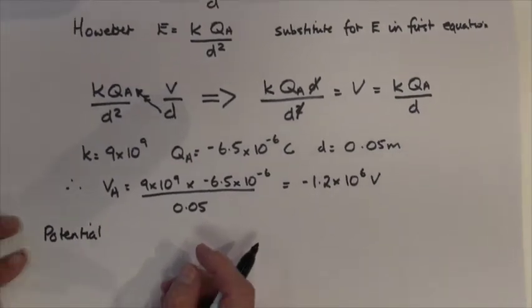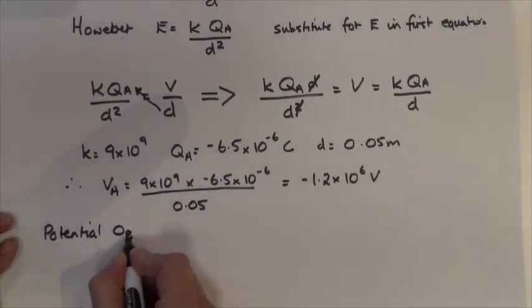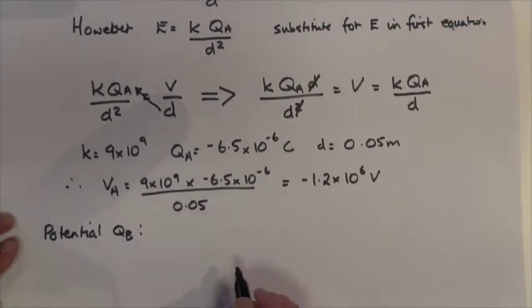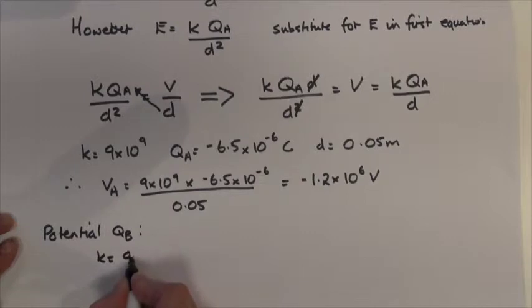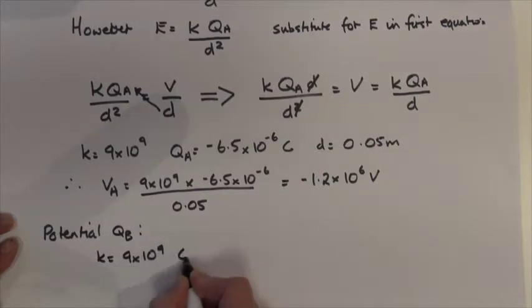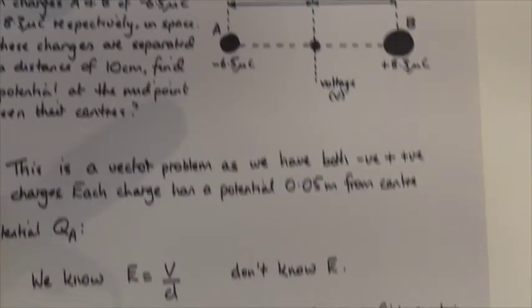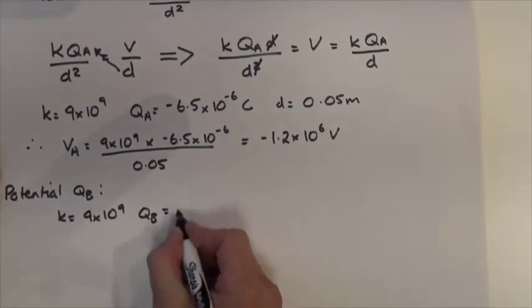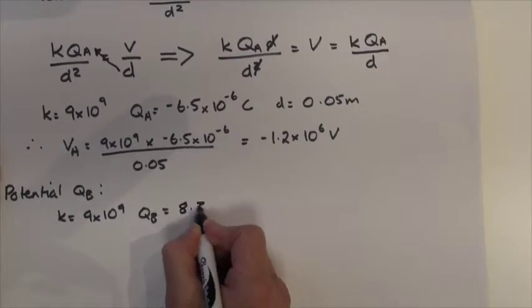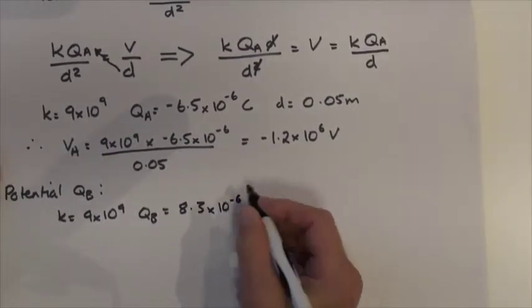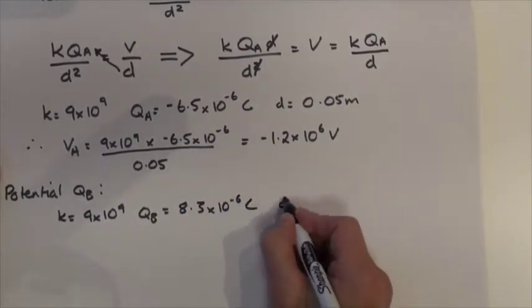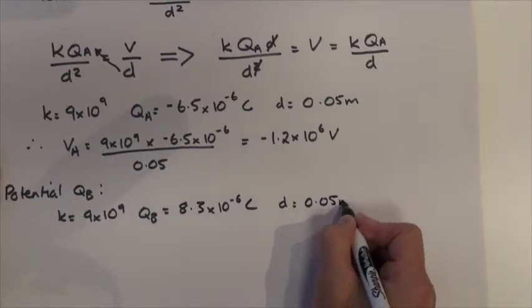Now what we'll do is look at the same potential for QB, or charge B. I use the same equation, so I know what K is, and I know the charge of B. It's positive 8.3 microcoulombs, or 8.3 times 10 to the negative 6 coulombs, and I know my distance is going to be 0.05.